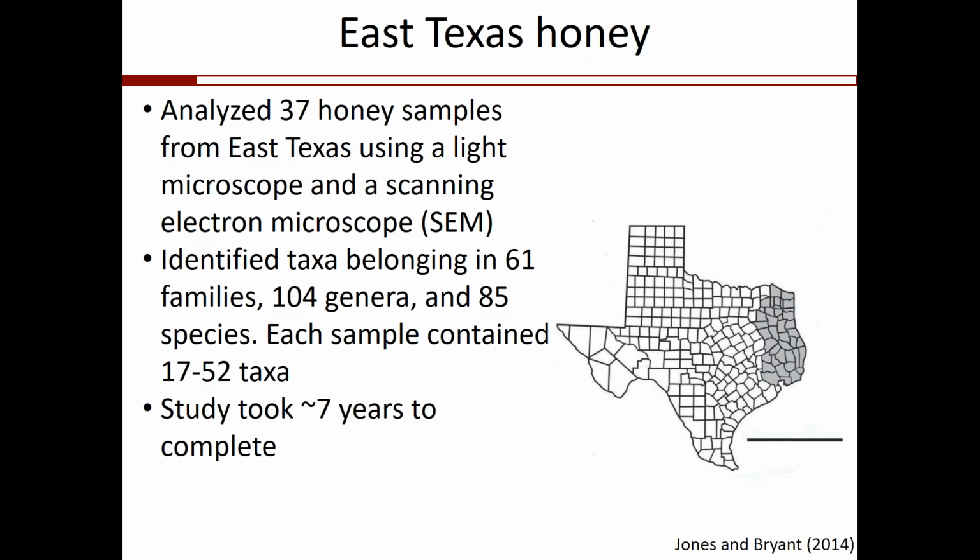These are pretty high numbers because he got to a very high level of detail and taxonomic resolution when he was analyzing. This entire study took him about 7 years, and it took that long because he used a combination of a light microscope and SEM to look at pollen and get it down to species level identification.